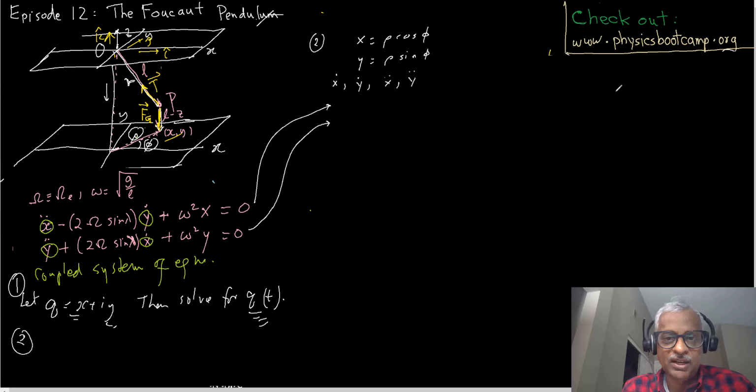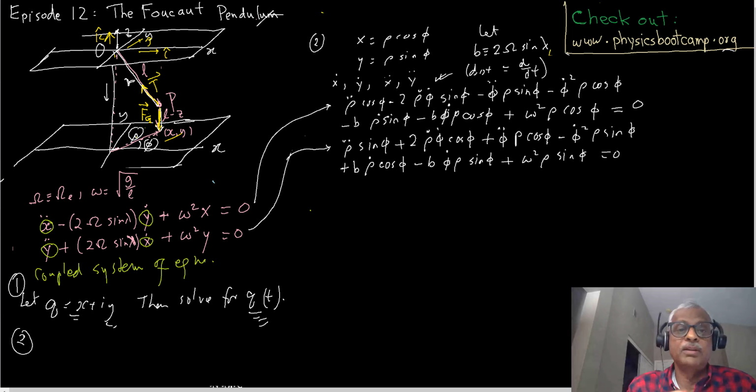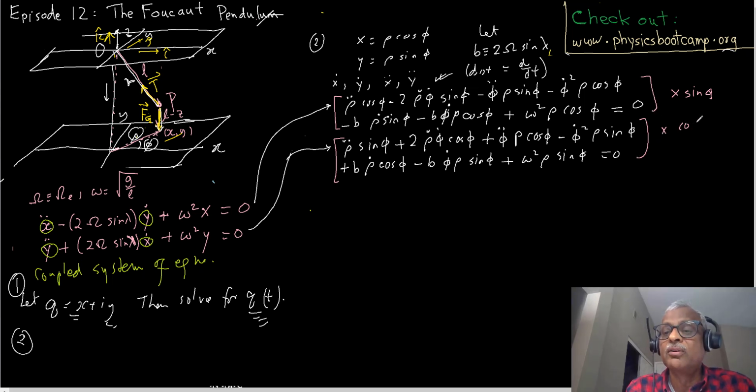So when you work this out, I'm going to write out what I'm going to get, and you work it out, and then I will see if I got it right. Okay, now I'm going to take this, multiply by sine phi, and take this and multiply by cosine phi.